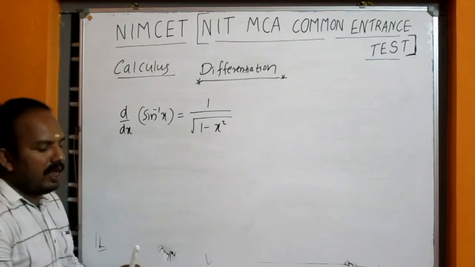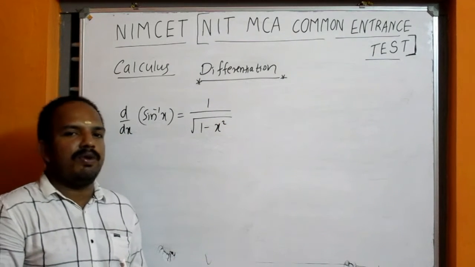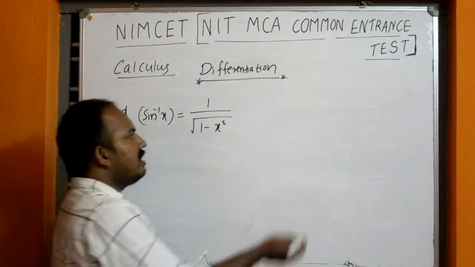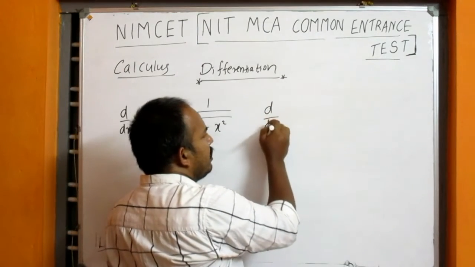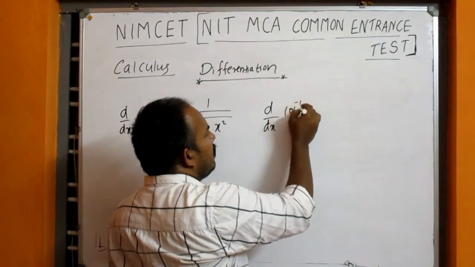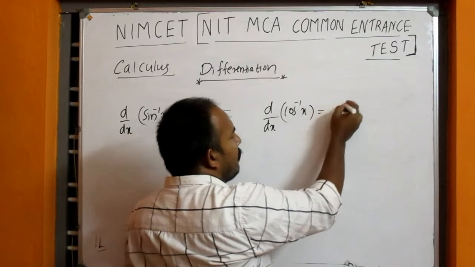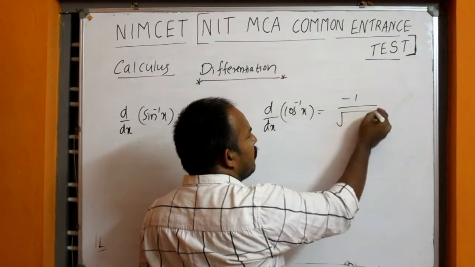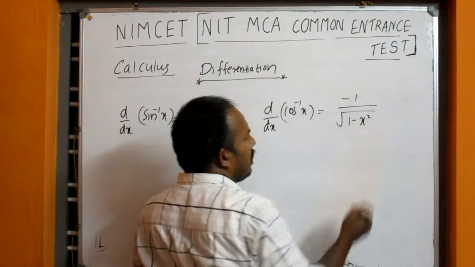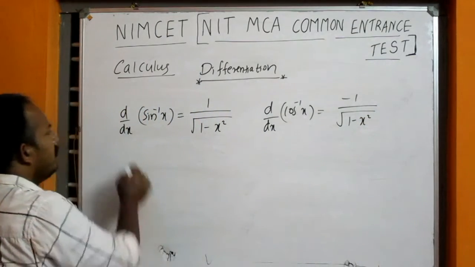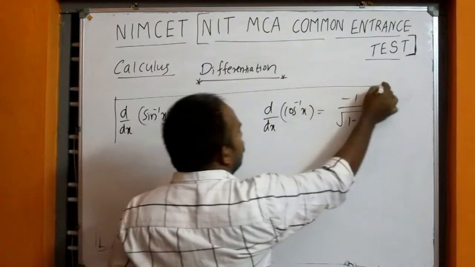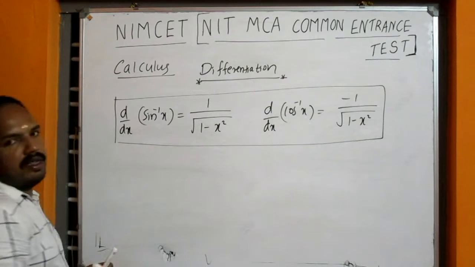What's the derivative of sin inverse x? 1 by root of 1 minus x square. Similarly, d by dx of cos inverse x equal to minus 1 by root of 1 minus x square. Clear? Okay. So just study the formulas grouping these pairs.